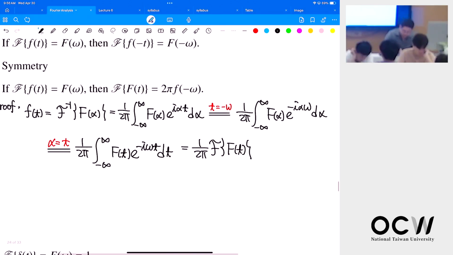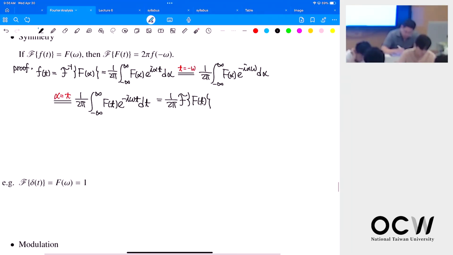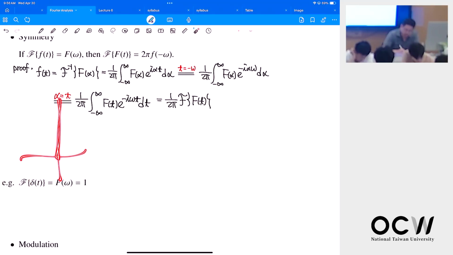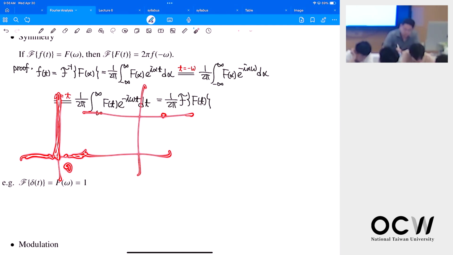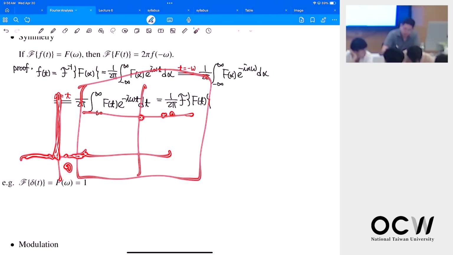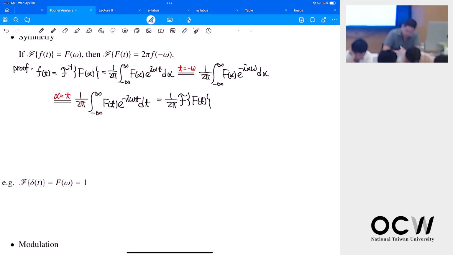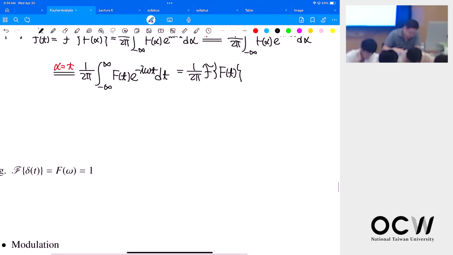Now let's see this example. For the delta function, we know that the Fourier transform of a delta function, where I only have a value at 0 and otherwise it is all 0, is 1. Then I also think about this function as a time domain function. What is the Fourier transform of that? So for this function, I take the Fourier transform again.